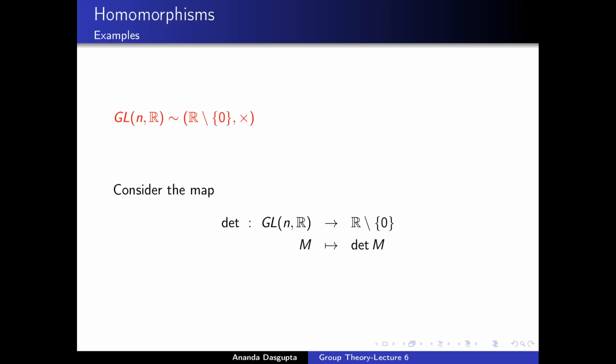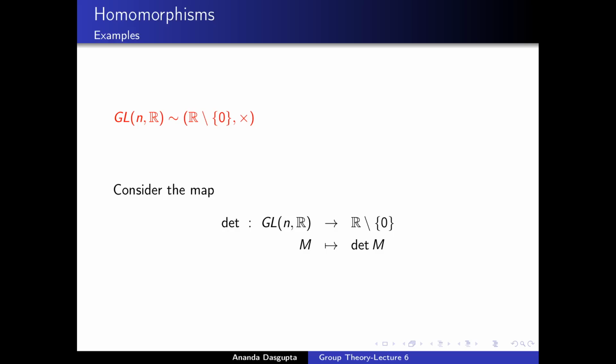And the homomorphism is actually a pretty familiar one. Let us consider the map which I am calling det, and it's a map between GLNR to this set of all non-zero real numbers. And what that map does is that it maps a matrix M, a member of GLNR, to its determinant.